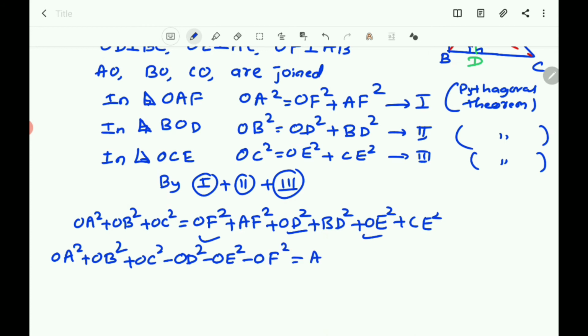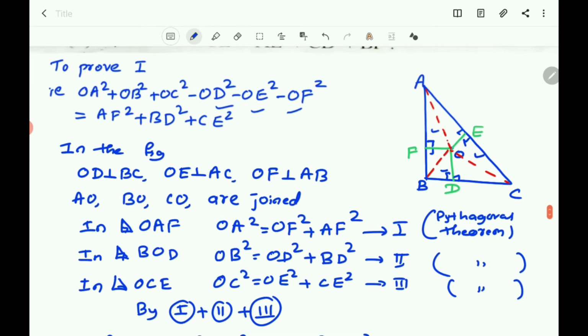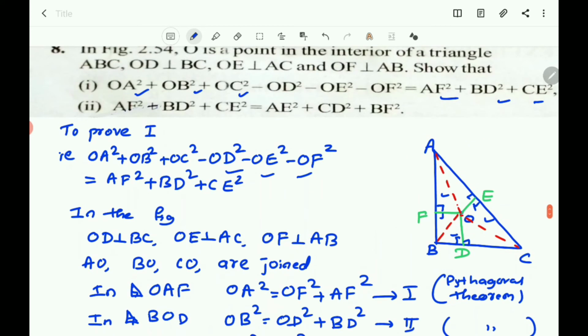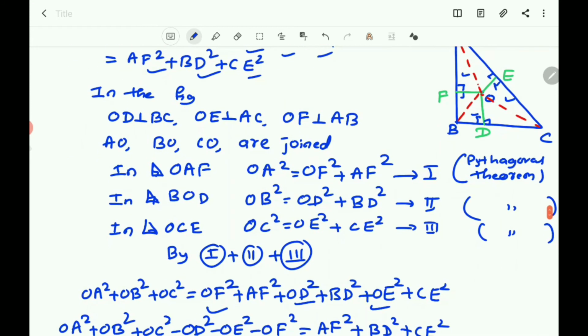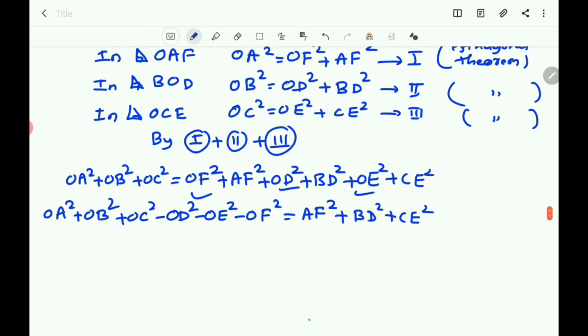OD square, OE square, OF square are transferred to the LHS. What is remaining in the RHS? AF square plus BD square plus CE square. You got the result here. In this way you got the proof of the first one.